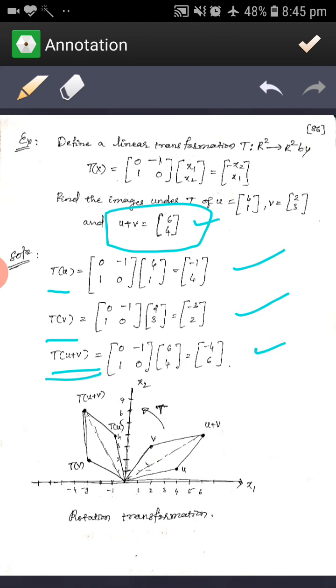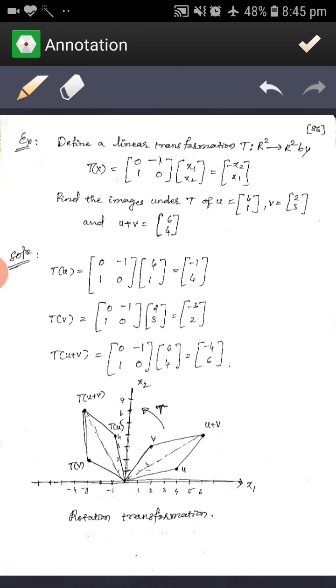The transformation of u plus v, we know that (6, 4) is equal to (-4, 6). Now if you draw the normal thing, this is u, which is (4, 1), so x is 4 and y is 1. v is (2, 3), so x is 2 and y is 3, and if you add together it will be (6, 4).